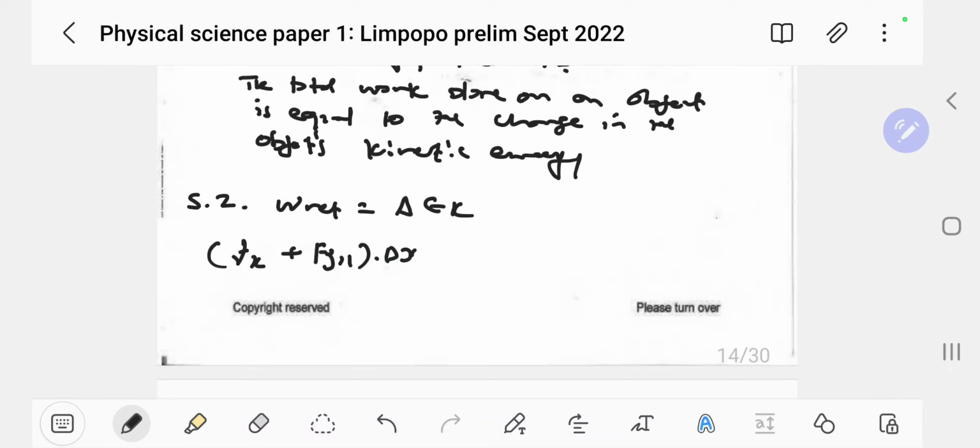Times delta x, which is what we want, and then cos theta is equal to half m, the final velocity minus initial velocity squared. So this is exactly how you go about this business here, guys, and then we keep going.